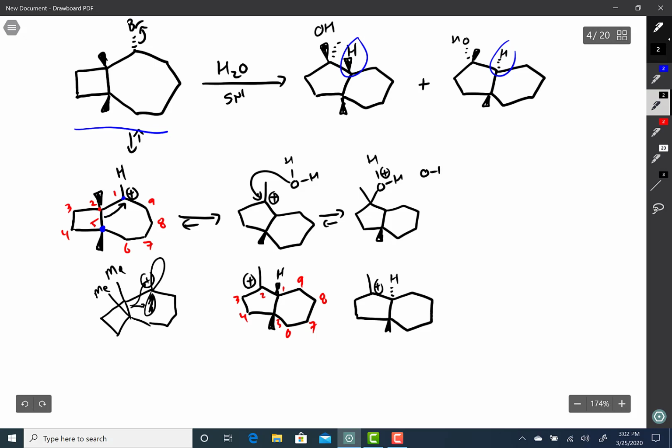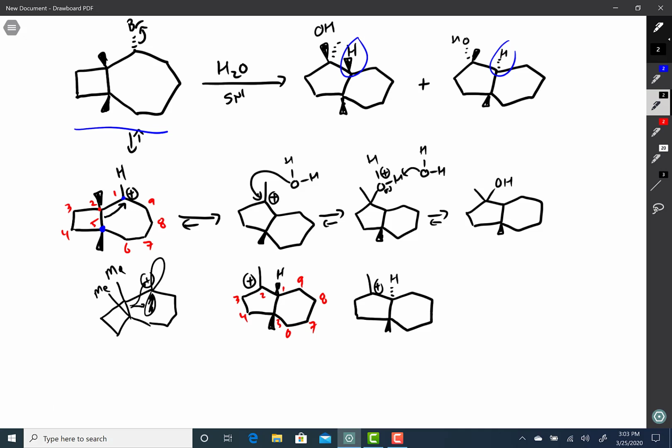And then you take the proton off. So that's the other issue of this problem, is I'm not listing out all of the products of this, because water can add to the top face of this one and bottom face of this one, top face of this one, bottom face of that one. So there are actually, technically, a couple more stereoisomers possible.